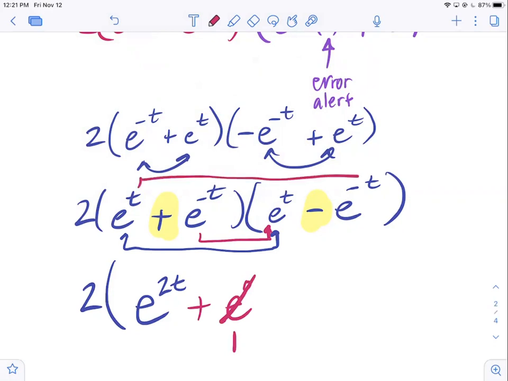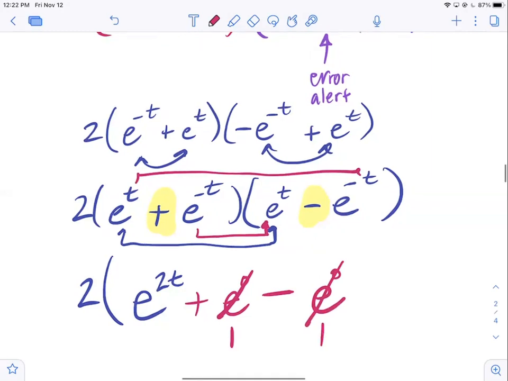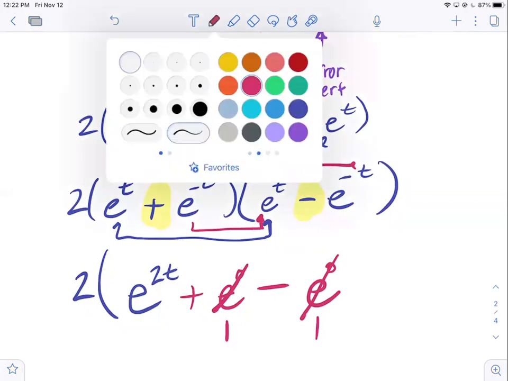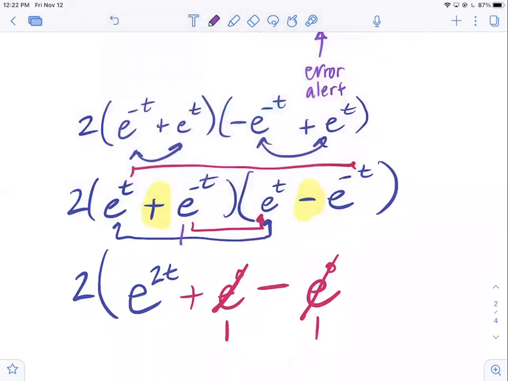And then on the exterior, we get minus, what's e to the t times e to the negative t? E to the 0, which is also 1. Now they both simplify to 1, but they're opposite signs. So they do in fact cancel. The inner and outer will always cancel on the two conjugates, but it was kind of interesting to look at it. So now we have a positive times a negative in the last position.